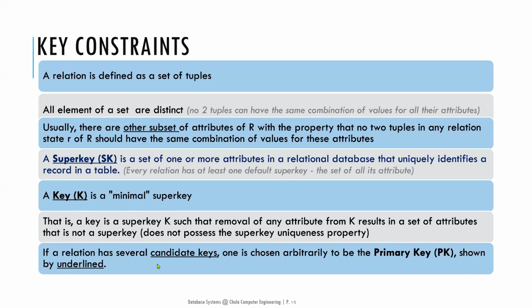If a relation has several candidate keys, one will be chosen and it will be called the primary key. So now there are four terms here: super key, key, candidate keys, and primary key. Let's take a look at the example on the next slide.